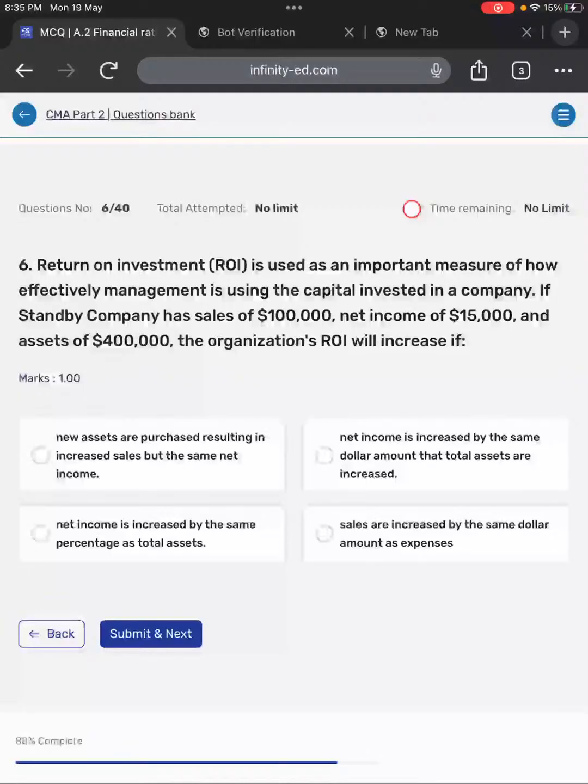The first option is not correct. Second option, net income is increased by the same dollar amount.